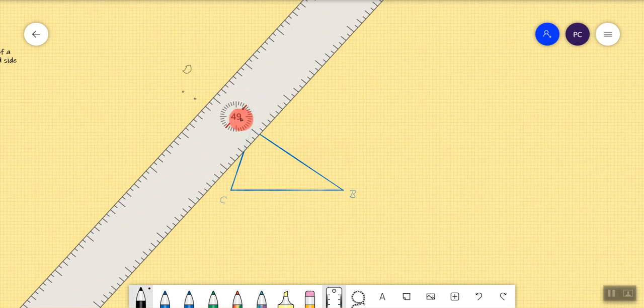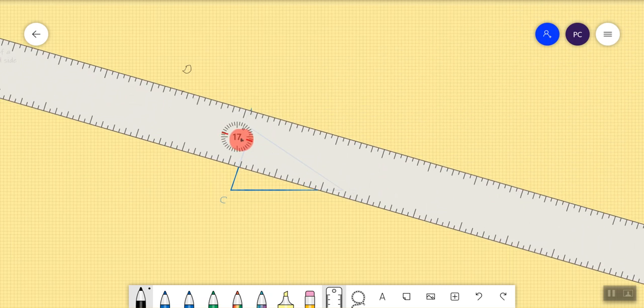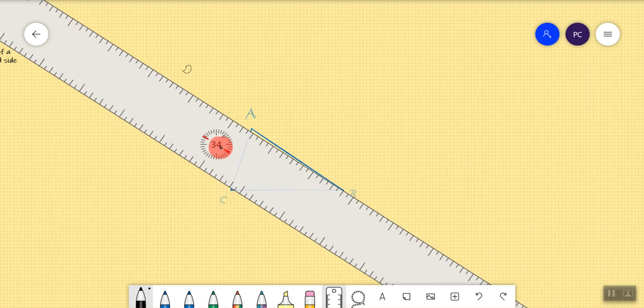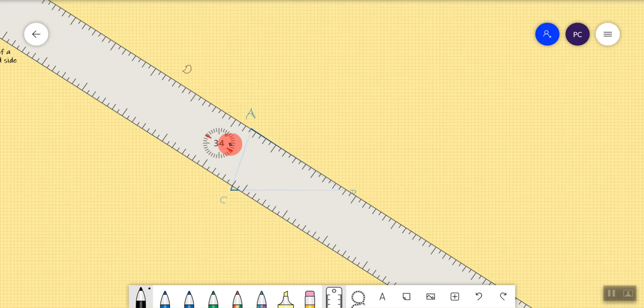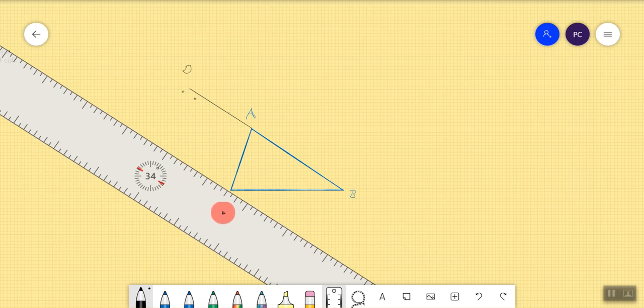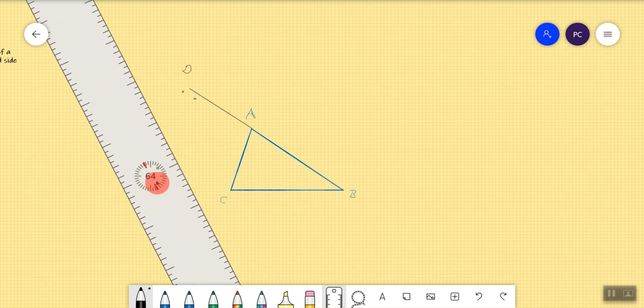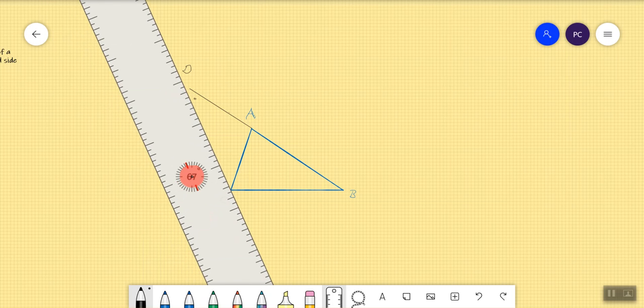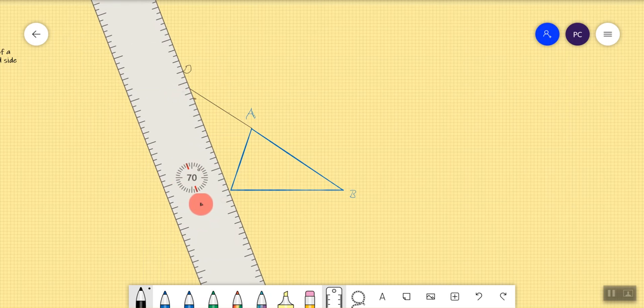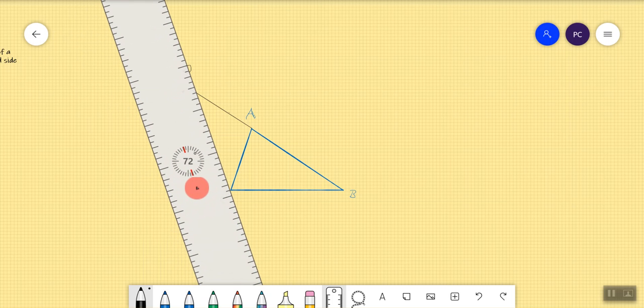Okay, so roughly out to about there. Then we just rotate this around, and we want to join C to D. We'll just join these together like so.